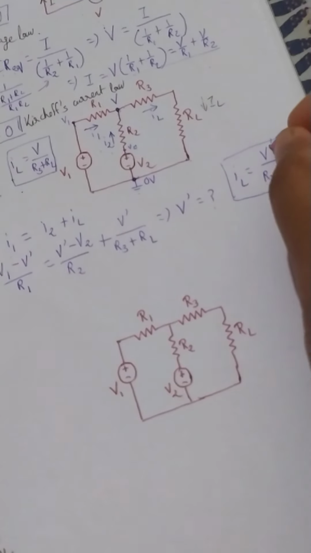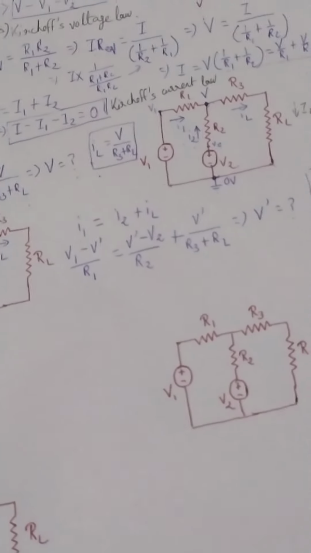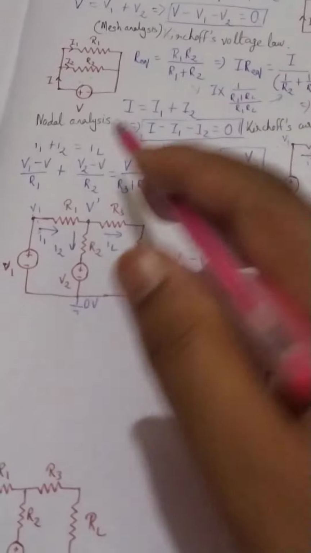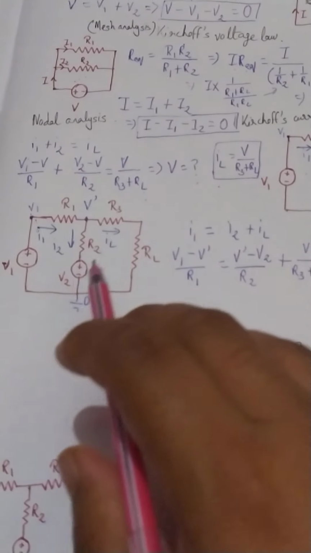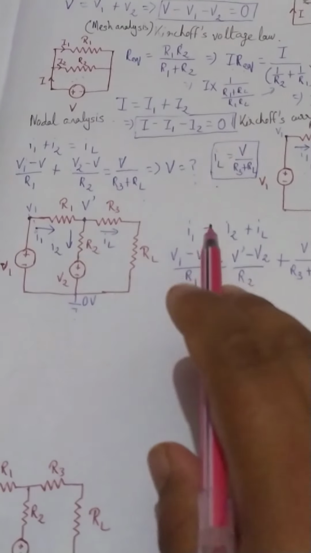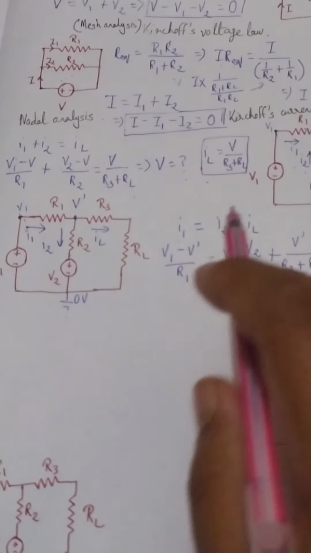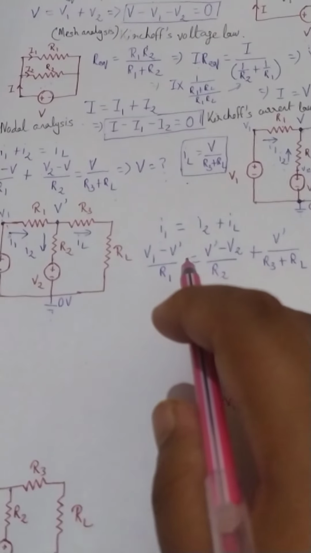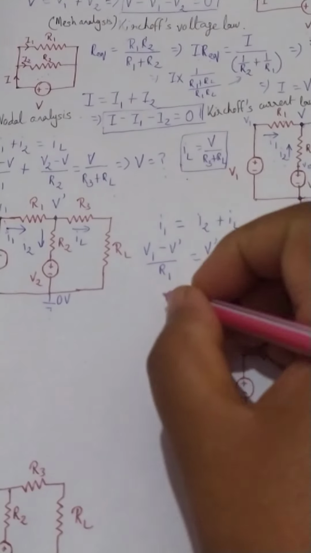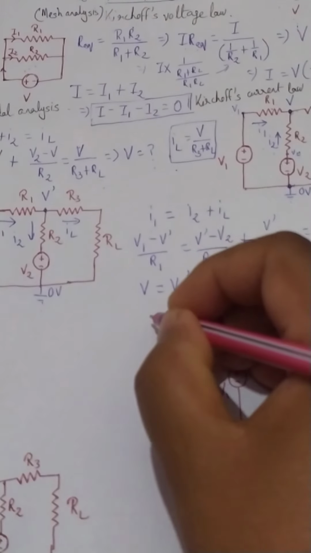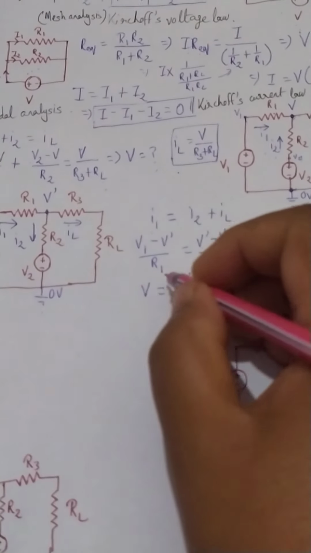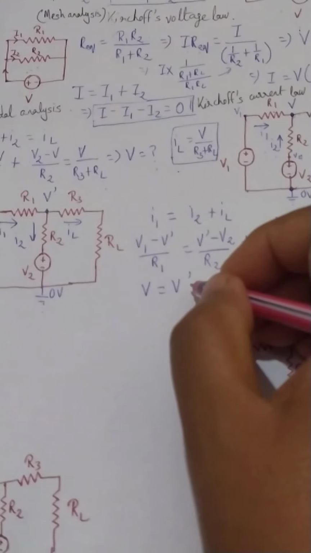Now one point I am going to make clear: if I am taking this method or this method, if you rearrange the thing, the final expression you are getting is the very same expression. Finally I would be getting V equal to V dash. Why is it? Because we have the same circuit.